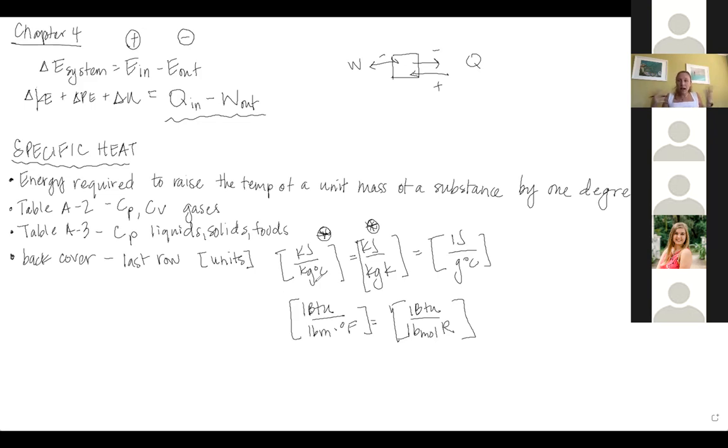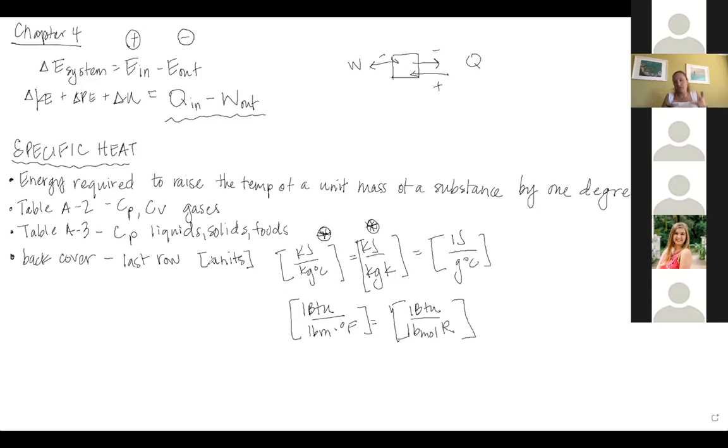So water has a high specific heat value. It requires a good amount of energy to raise a unit of it by a degree, which is why I went swimming at the beach this weekend and it wasn't burning hot, even though it was like 90 degrees outside, because it requires a lot of energy to change its temperature. It's why lakes don't freeze the second it gets cold outside.